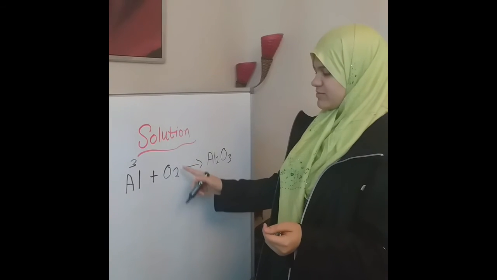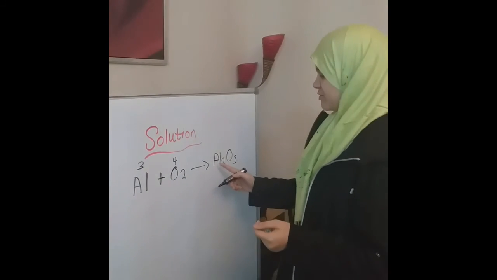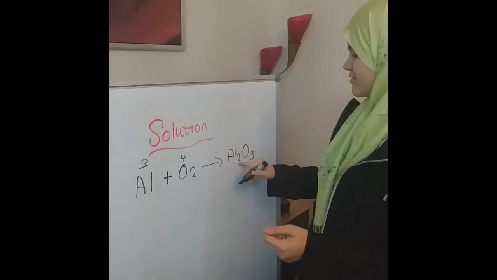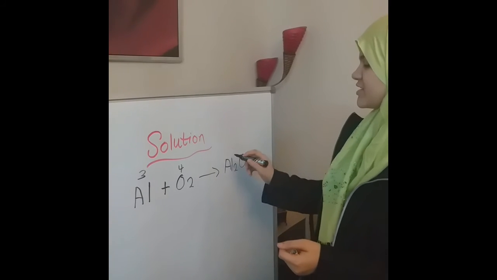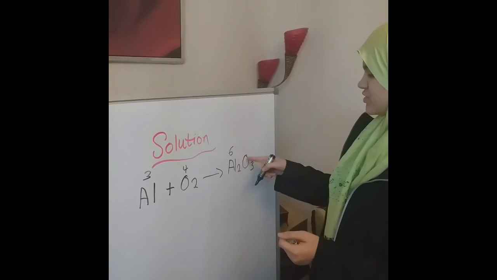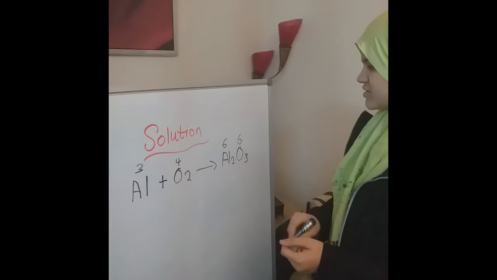That means 2 times 2 is equal to 4. Then aluminium, as before, has valence number 3, and here the subscript is 2. That means 2 times 3 is equal to 6. And here 3 times 2, because the valence number of oxygen is 2, is equal to 6.